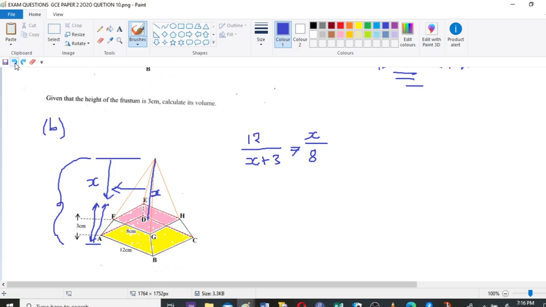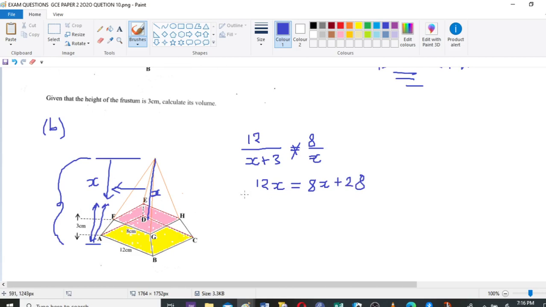Sorry, I've made a mistake here. That will be 8 on top, over 12, that's x for the height. Now solving for the value of x, we're going to have 12x equal to 8x plus 24.